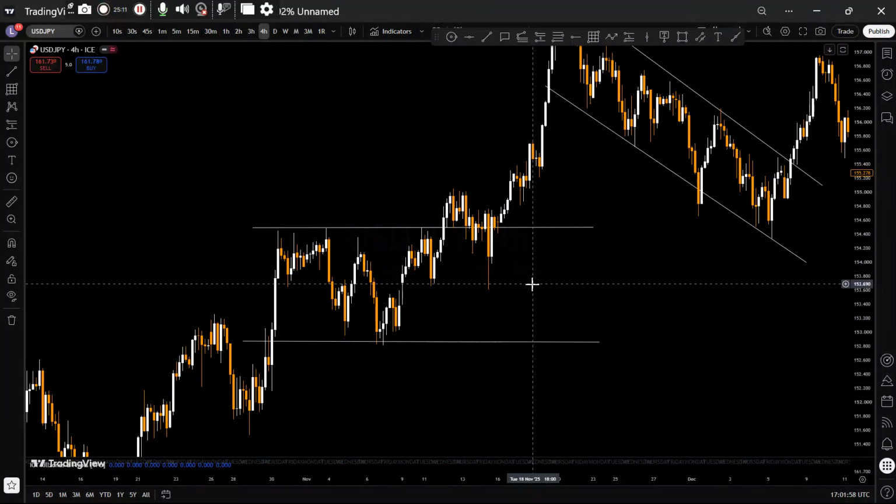Just like I said before, support and resistance can also be seen as supply and demand. The only difference there is that supply and demand is for the institutions, the big banks. We are the retail traders. So when it comes to supply and demand, we are talking about where institutions place their orders, where they want to stop funds and all that.